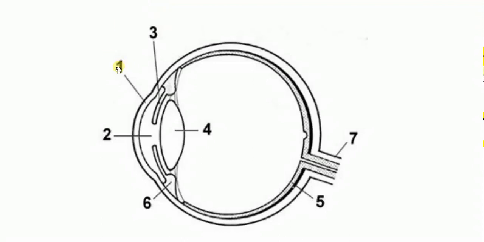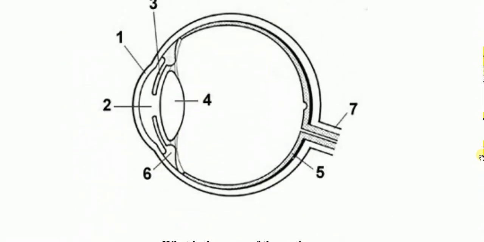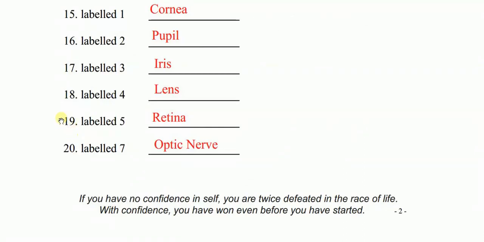So section 1 would be the cornea, section 2 would be the pupil, section 3 would be the iris, section 4 would be the lens, section 5 would be the retina, that's the innermost layer, section 7 would be the optic nerve. There we have it. But let's pay attention to section 6, which would be the ciliary structures that hold the lens in place. And that brings us to the end of this review.